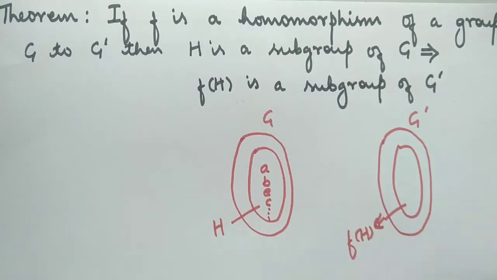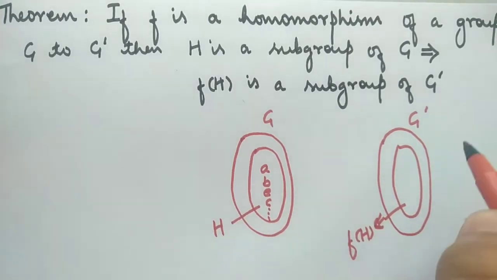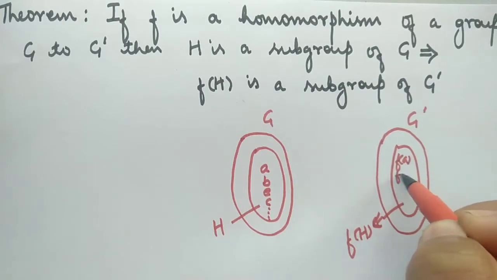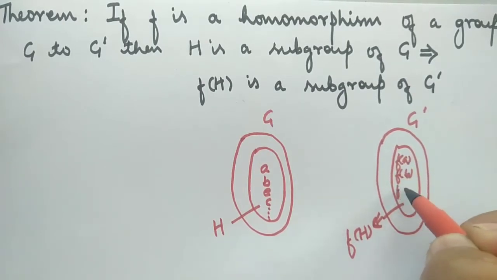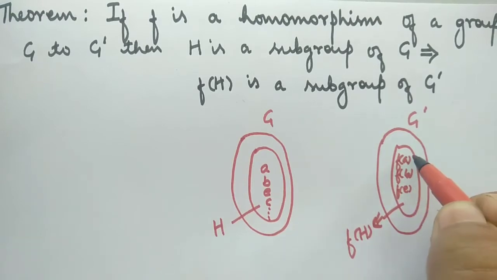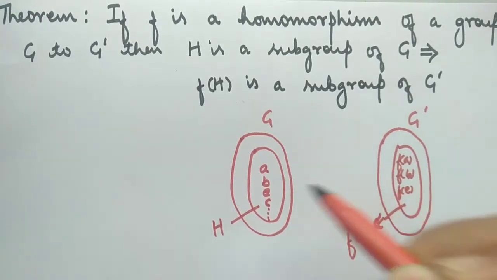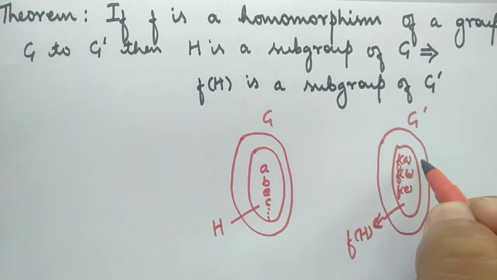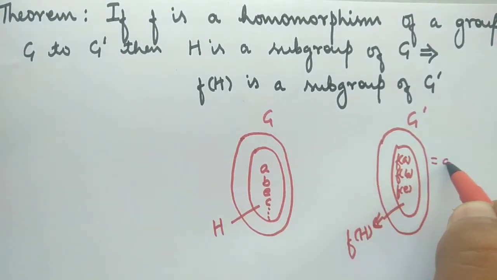So the elements in f(H) will be of the form f(a), f(b), f(e), such that these are the images of these, okay? So let f(a) be equal to a prime, f(b) be b prime.